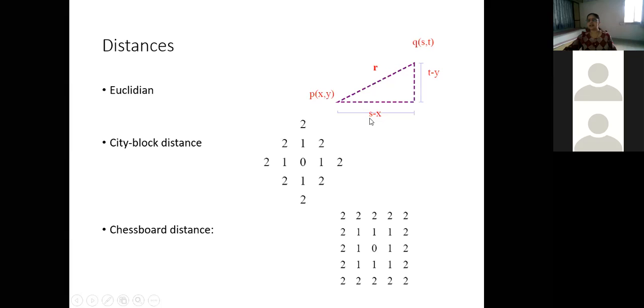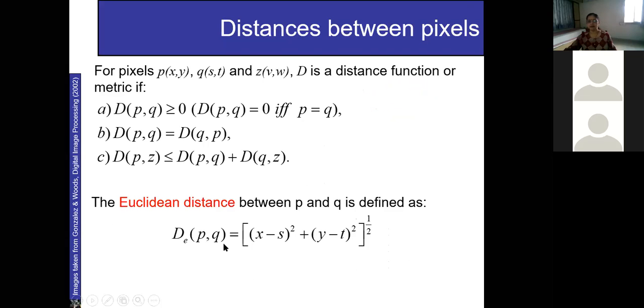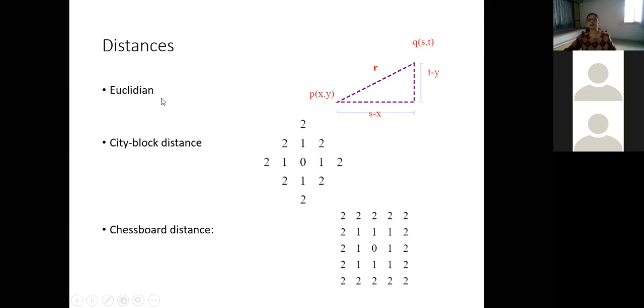If this length is s minus x and the height is t minus y, then the distance r is given by the square root of the square of this length plus the square of this height. So the formula is as given here. This is the Euclidean distance method for computing the distance between two pixels P(x,y) and Q(s,t), where x,y are the coordinates of P and s,t are the coordinates of Q. Hope this is clear to you.